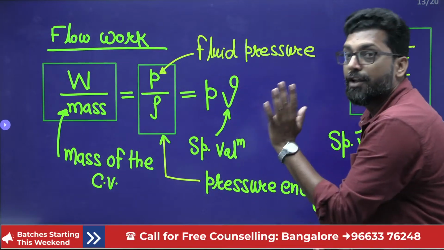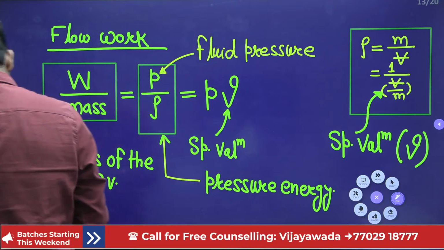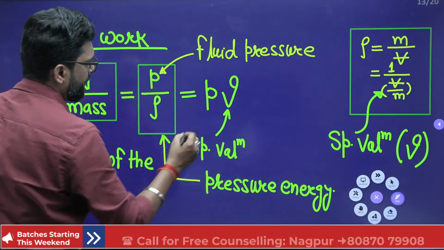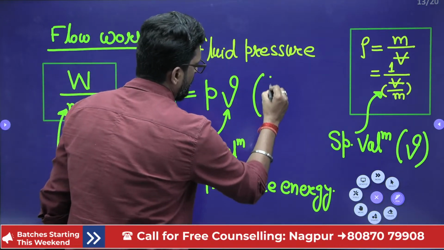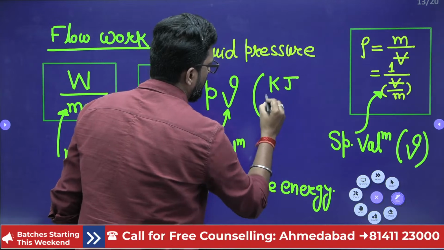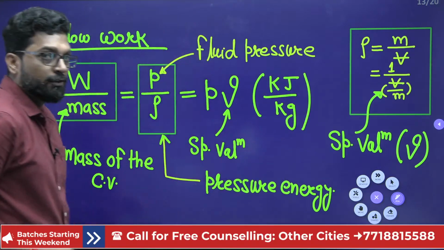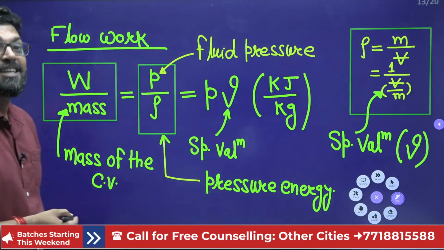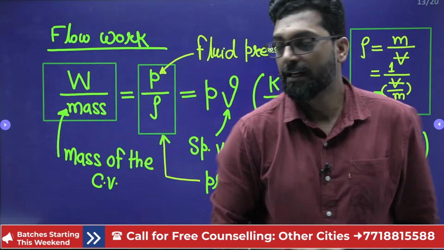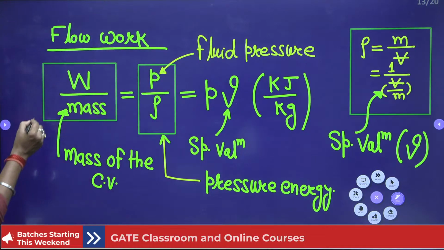This is very important. And this is measured in kilojoule per kg or joule per kg. So sometimes this is called a specific work. That is also called a specific work.